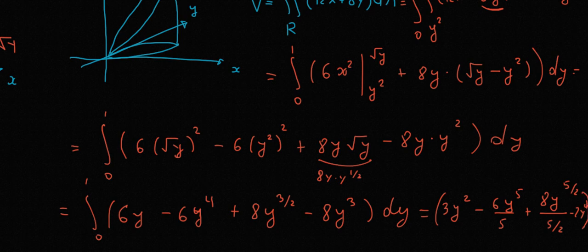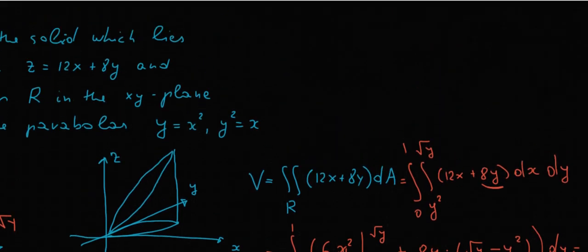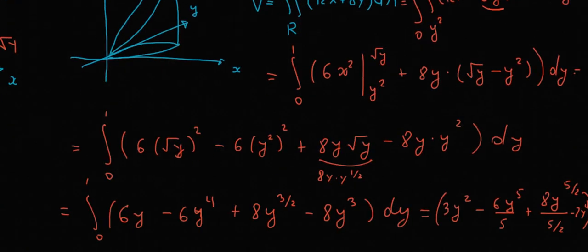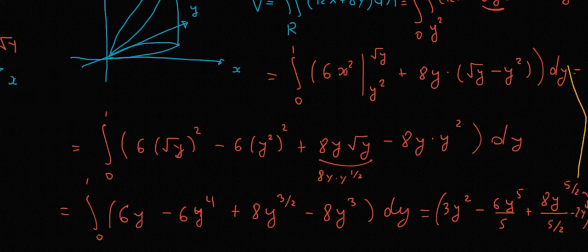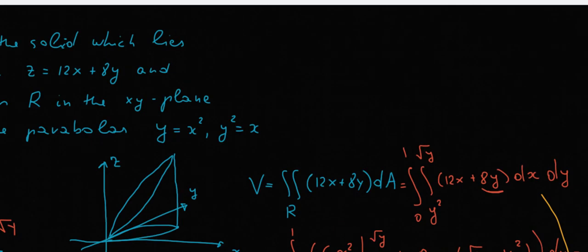Let's see if I have space up here. Yeah, I have a lot of space up on the board, so let me actually go to the top. So from here, the continuation will be here.